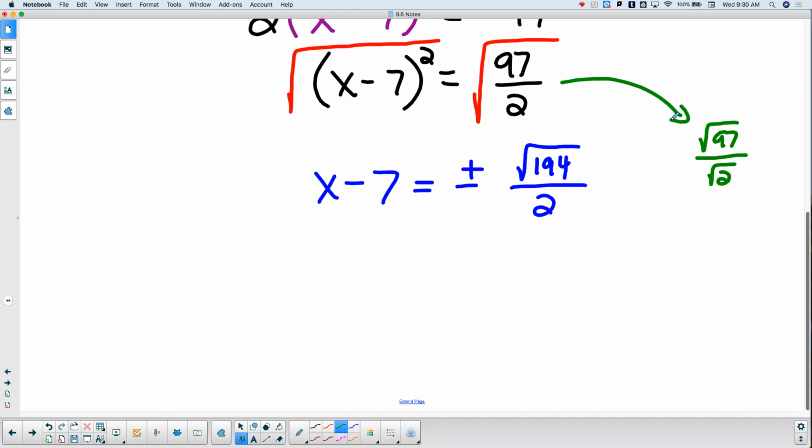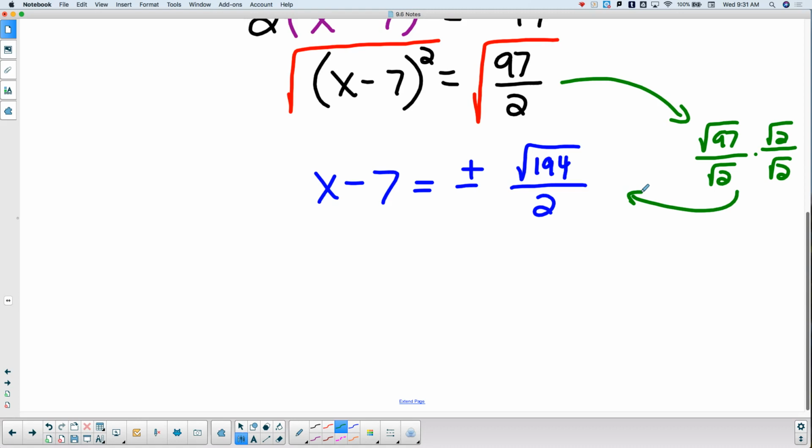And then we multiply by the square root of 2 over the square root of 2, which then gets me that. Since 97 is odd, it doesn't have a factor of 2 in it. So that is a simplified radical. Okay?